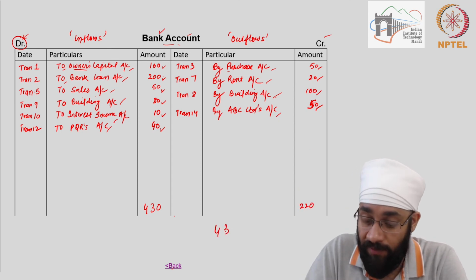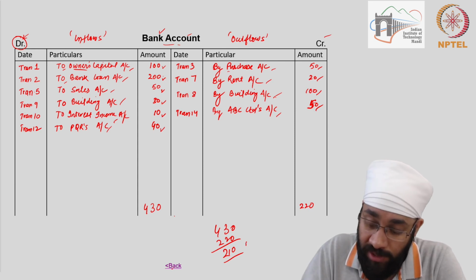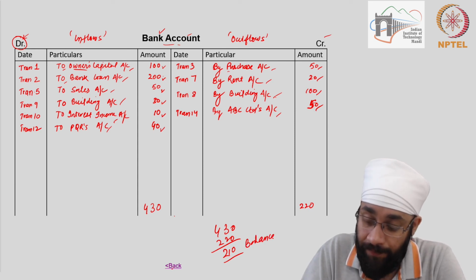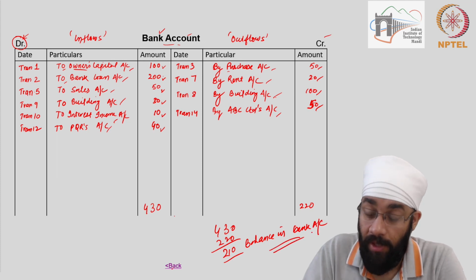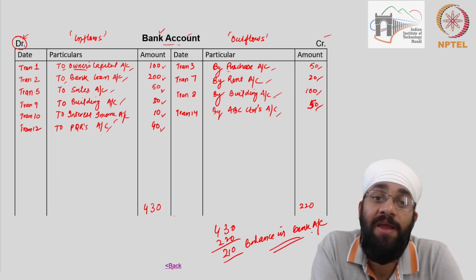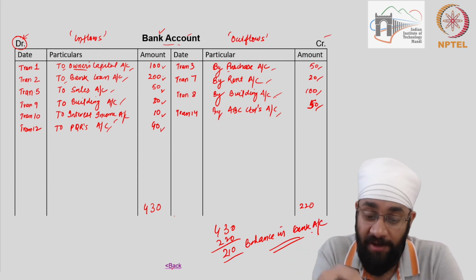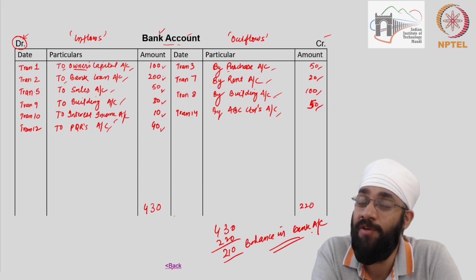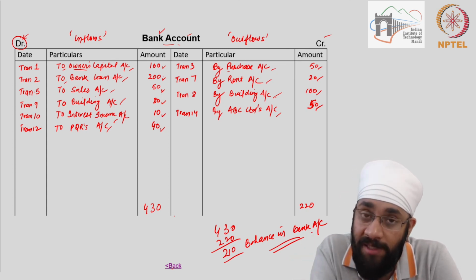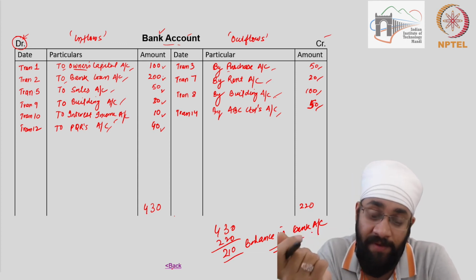All you have to do is 430 minus 220, and you've got 210, which is the balance in your bank account. Now you could have gotten this balance from the bank statement as well, but as I said, it's not only for bank account. There are other accounts for which you will not be able to figure out balances if you did not prepare your own passbook in a way.